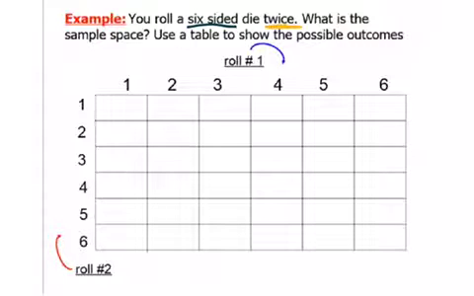Okay, for rule number one, I'm going to use blue. Rule number two, I'm going to use red. So we start with rule number one. First row. In this particular box, we have 1 for the first roll and 1 for the second.